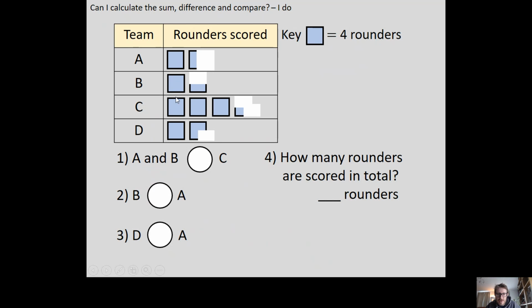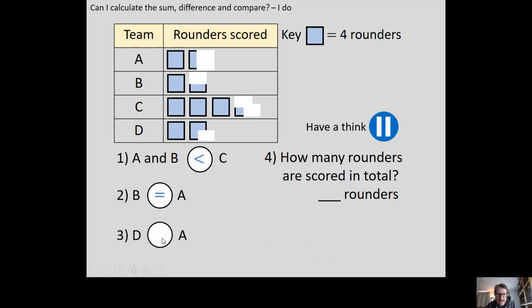How many has C scored? 4, 8, 12, plus an extra one here, 13. So C has actually scored more. So even added A and B together, it's still less than C. So A and B is less than C. Now comparing B and A, so B scored 6 and A scored 6, so they are equal.